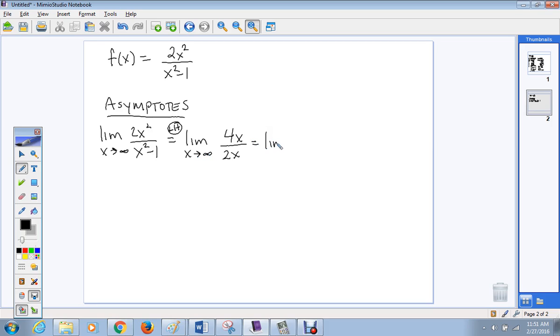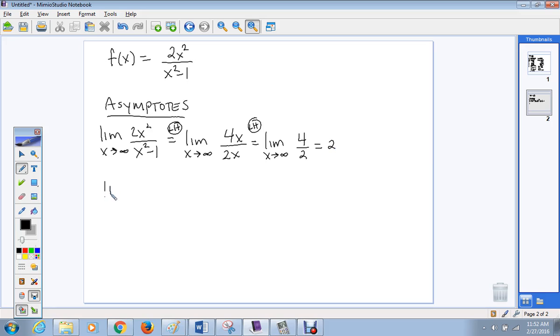So we can apply L'Hopital's rule again. And this limit equals 2. Now we have several techniques that allow us to find this limit, but this is just one way using L'Hopital's rule.